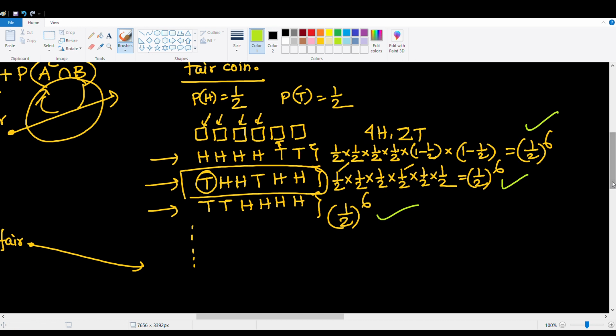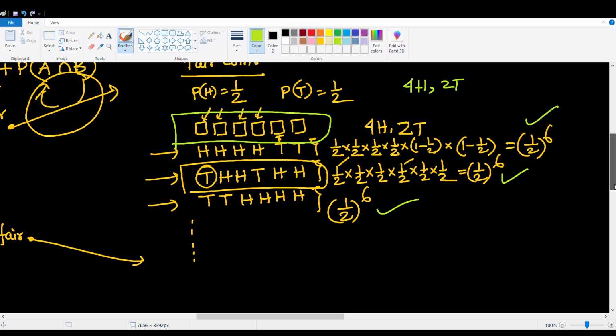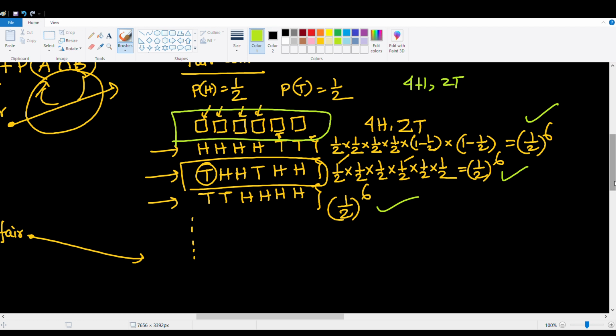So how many configurations are there where there are 4H and 2T? In other words, in how many ways can we fill up these 6 boxes where there will be 4H and 2T? Or we can state this problem like this: how many 6-letter words are there where there are 4H and 2T? It's very simple because we've already studied it in our combinatorics lecture.